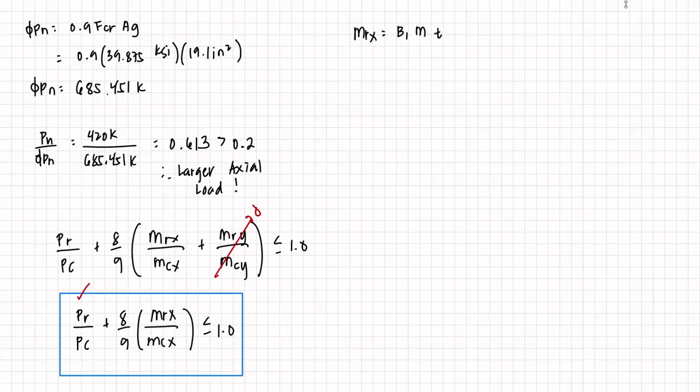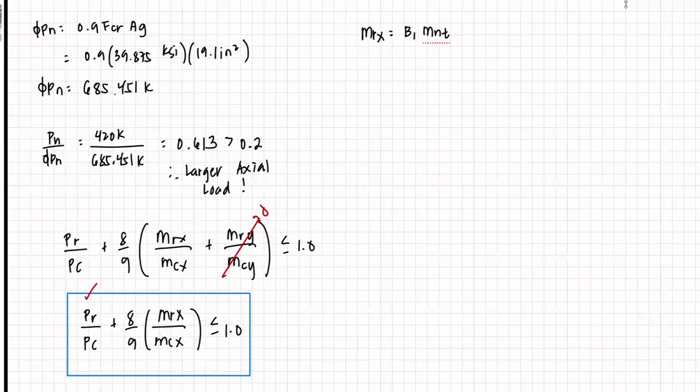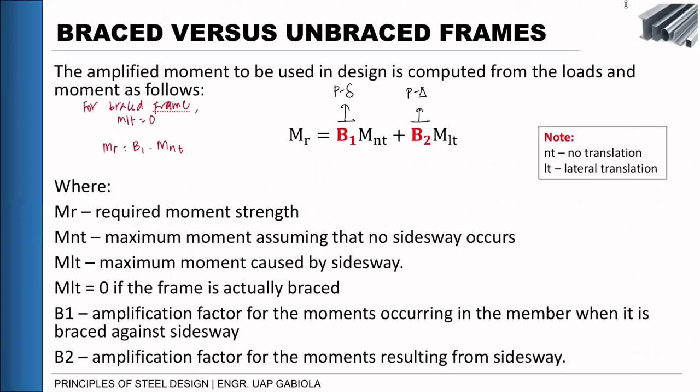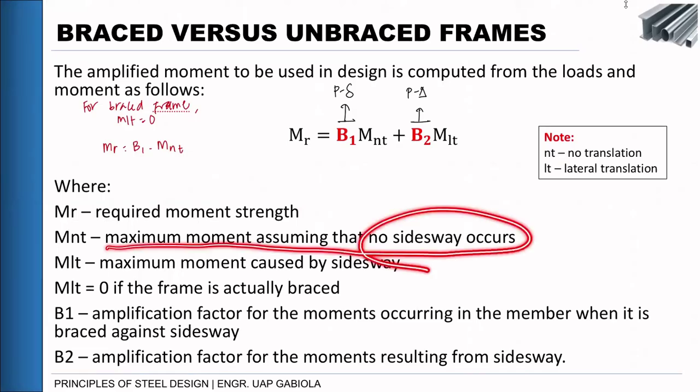Okay? Balikan natin yung meaning ng MNT. Based dun sa MNT is the maximum moment, assuming that there is no sideways support. So maximum moment. Okay? Ay yung diagram natin.